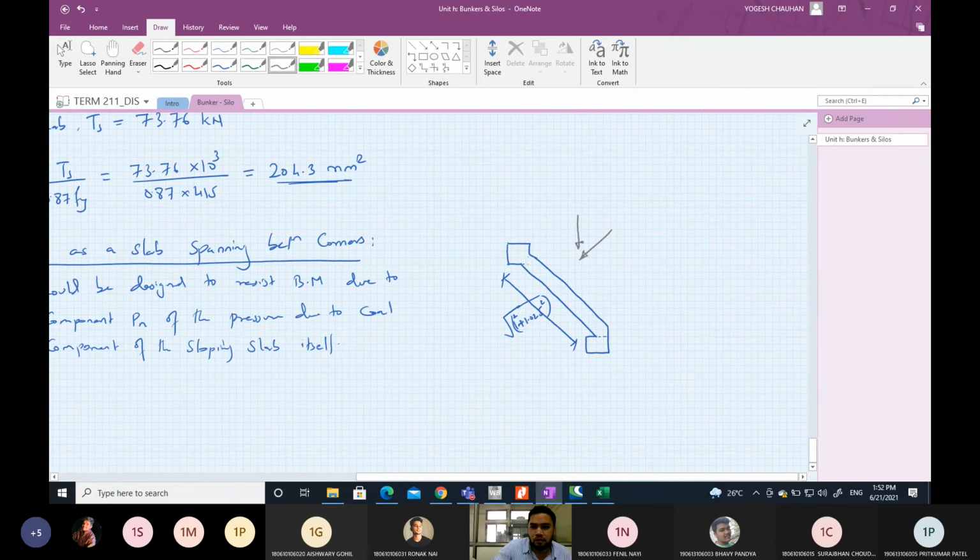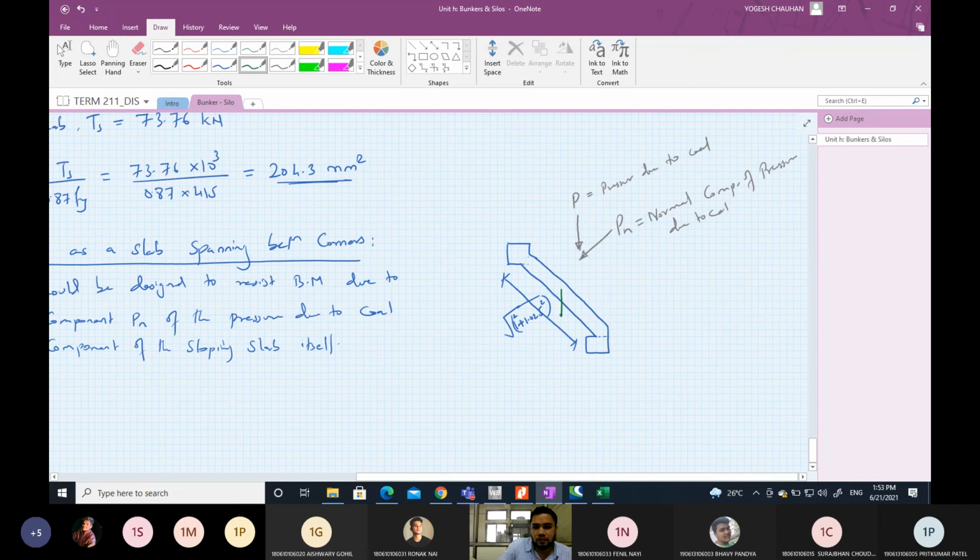If P is the pressure, then Pn is the normal component of the pressure due to pull. Same way, the normal component of the slab itself.